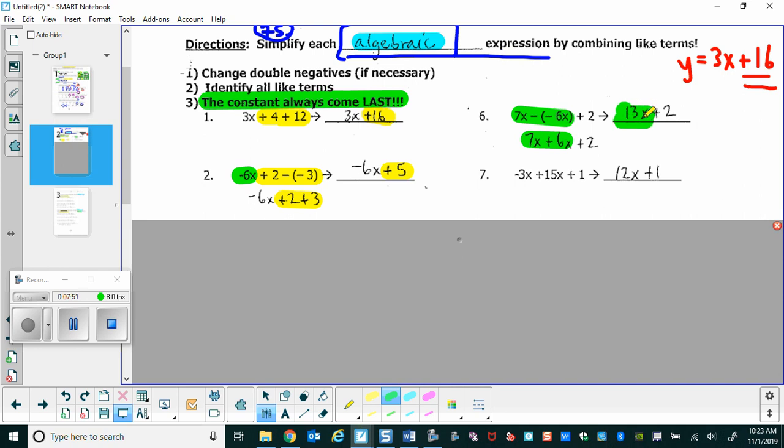And then we just write the constant last. There's the +2. All right, so for number 7 here, we've got -3x plus 15x. So that's going to become a +12x, and then you just leave the +1. So you combine x's with x's and constants with constants, and if there's nothing for it to combine with, you just leave it alone in your final answer.